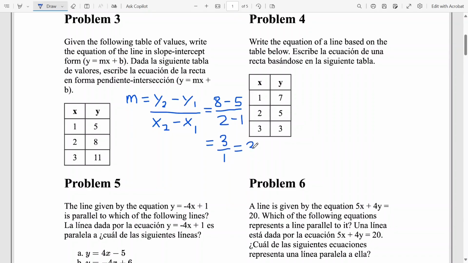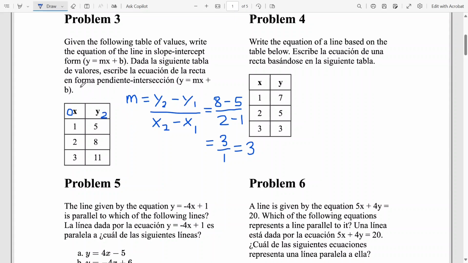Slope is 3. Okay, but we have to figure out the y-intercept. So that's when x equals 0. So notice how as I go up 1 in x, I go up 3 in y. Meanwhile, if I went down 1 in x, from 1 to 0, I would go down 3 in y, so it would go down to 2.